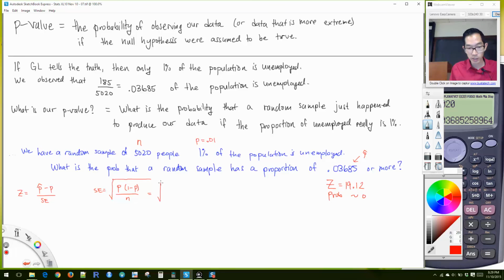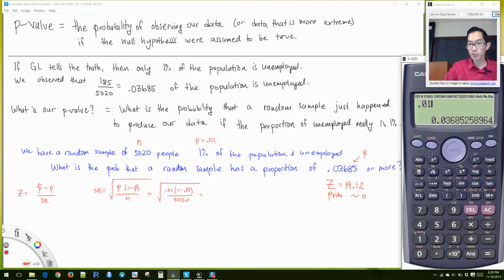So our standard error is the square root of 0.01 times 1 minus 0.01 divided by 5,020. I punch this into my calculator, and it will probably show up in scientific notation if you have a Texas Instruments calculator. Then I take the square root of this number, and I get a very small number.